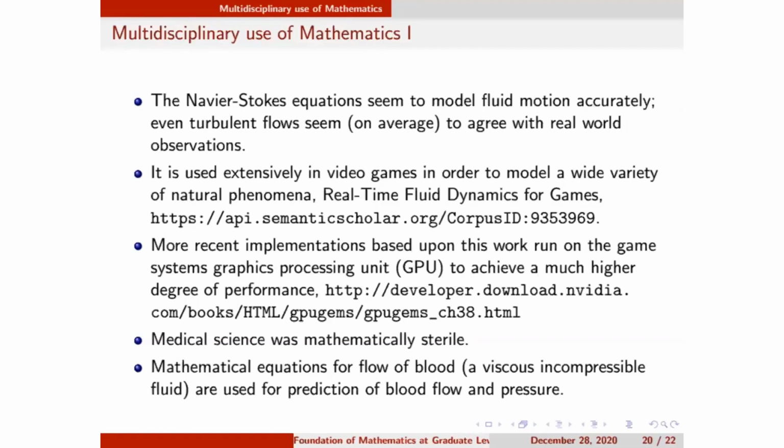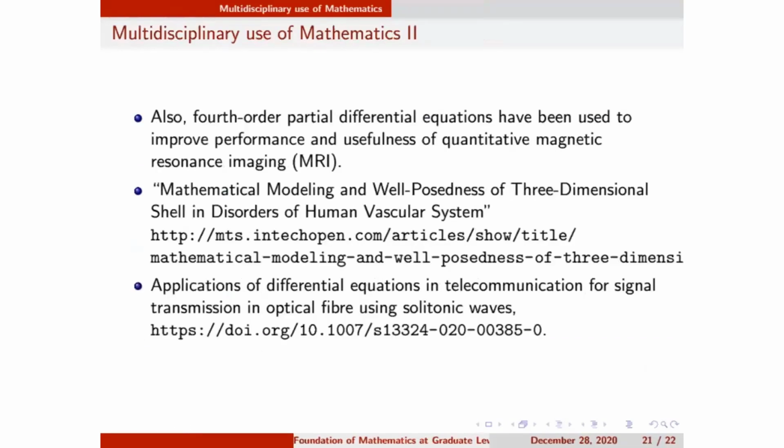Now we move forward to medical science. In medical science, we use many mathematical equations about incompressible fluid for the prediction of blood pressure or blood flow. A fourth order partial differential equation is used to find the quantitative performance of MRI. The large artery in the human body is the aorta.